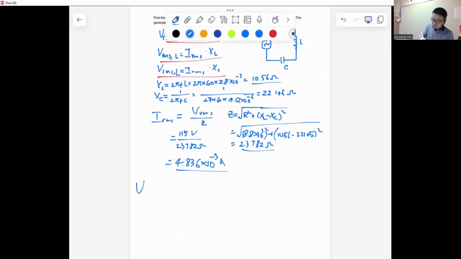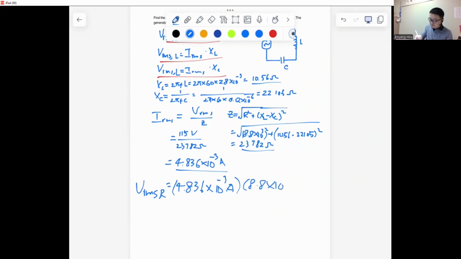Then V RMS on the R is IRMS, which is this guy, 4.836 × 10^-3 amps, times 8.8 kilo ohms, again 10 to the third.